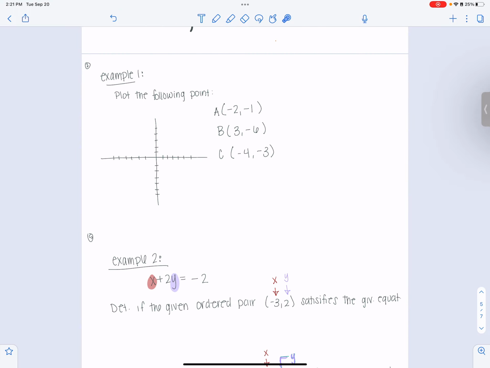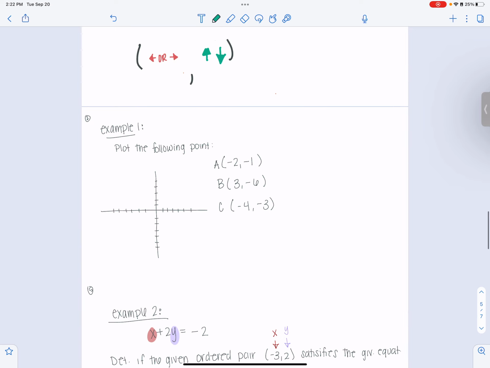Example 1 says, plot the following points. In another video, you'll see how to actually plot these in Hawks. This video is just really to show you how to do the math. So point A is (-2, -1). I'm going to move left or right first.